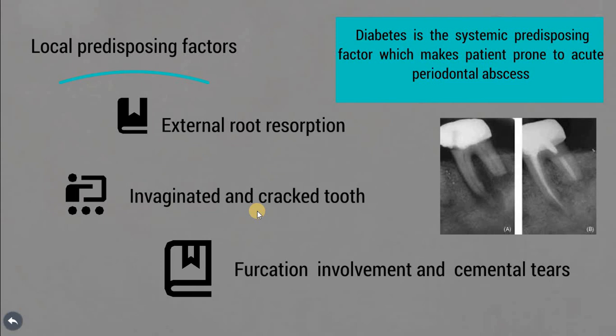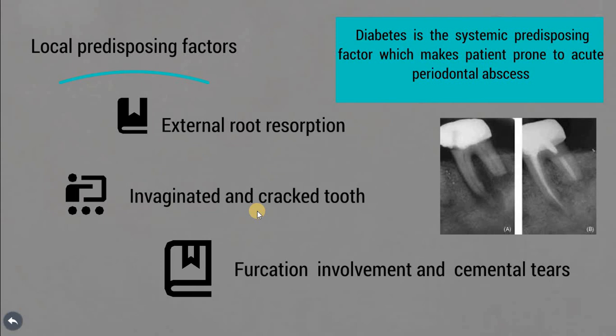Local predisposing factors. Systemically, when the patient is diabetic, they are the most predisposed and prone to periodontal abscess, because you have an immune-deficient patient with a defect in the immune response, in the innate inflammatory response.